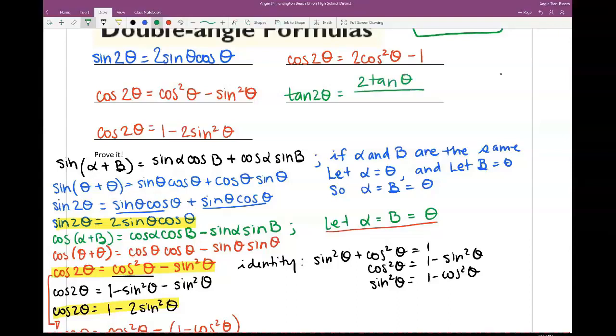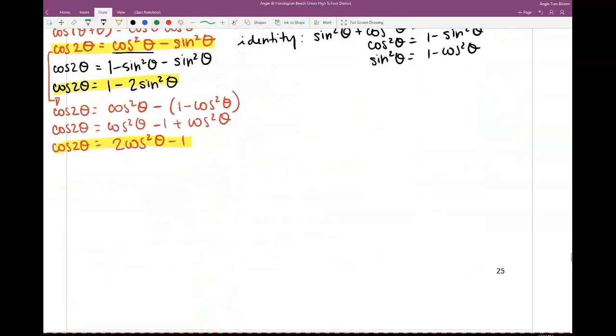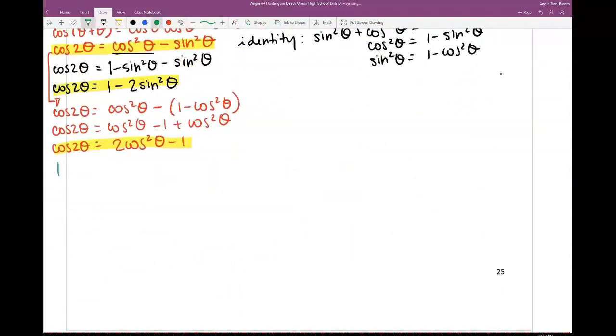And should I do this with you from scratch? Maybe I should, huh? Okay, let's try from scratch. That way you can see where this comes from. All right. So just like the other ones, okay, I'm going to start from scratch. Are you ready? So tangent of alpha plus beta equals tangent of alpha plus tangent of beta all over 1 minus tangent of alpha times tangent of beta.